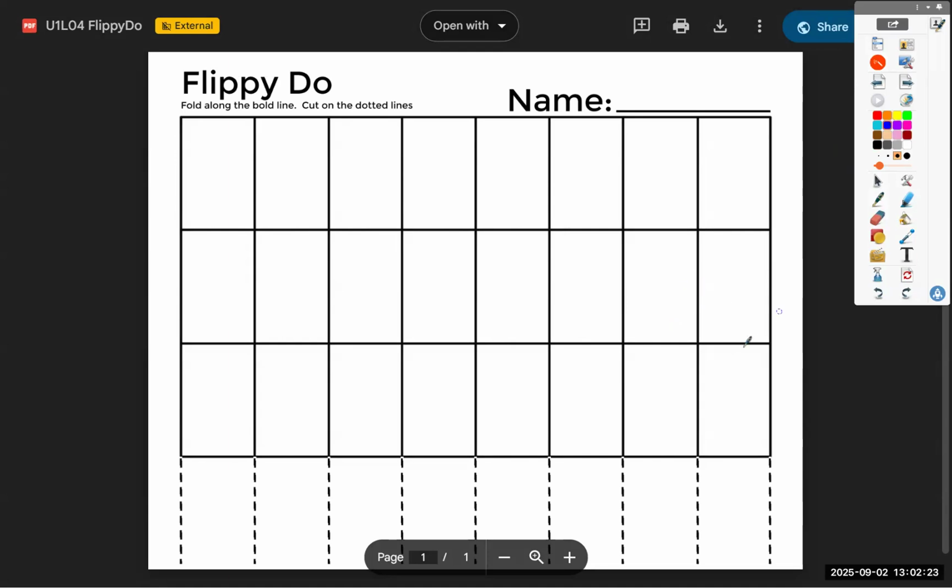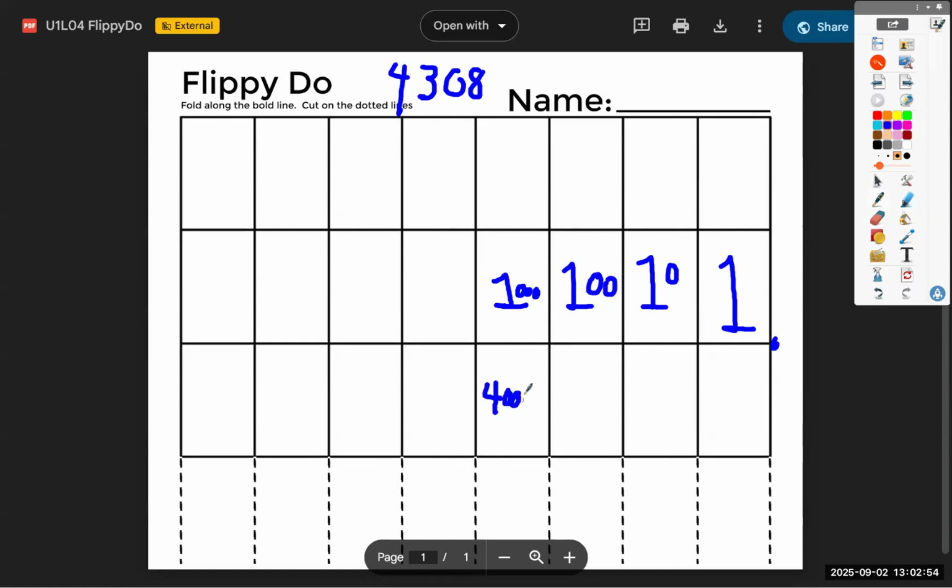Okay, so we know that in base 10, if this is where the decimal is, the first column is the ones column. The second column is the tens column. The third column is the 100s column, and so on. The fourth column is the 1000s column, and so on. If you have a number like 4,308, you have a 4 in the 1000s column, so you get 4,000 for that.